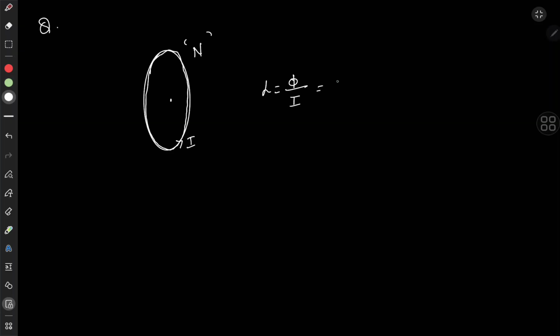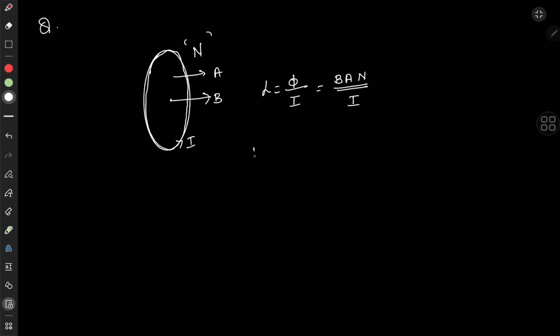We can write NBA as the flux produced. This is the current which is supplied. Let us take that this produces a magnetic field B, the cross-section area of this is A, and the number of turns is N.